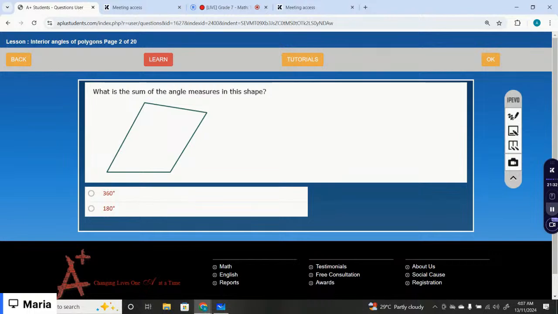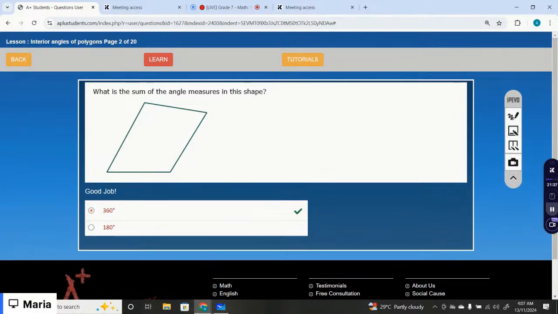That's a four-sided shape, right? Very good. That is 360 degrees. Option number 1 is the correct option.